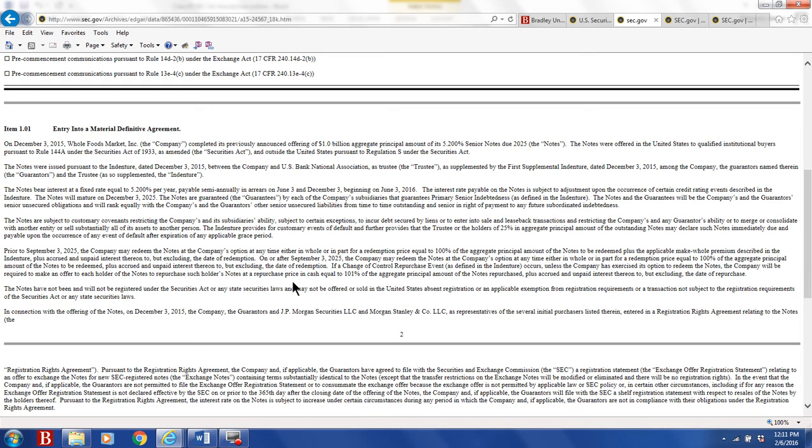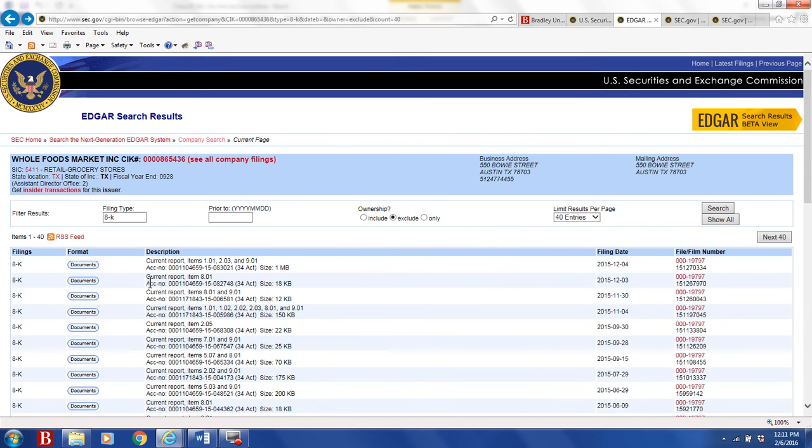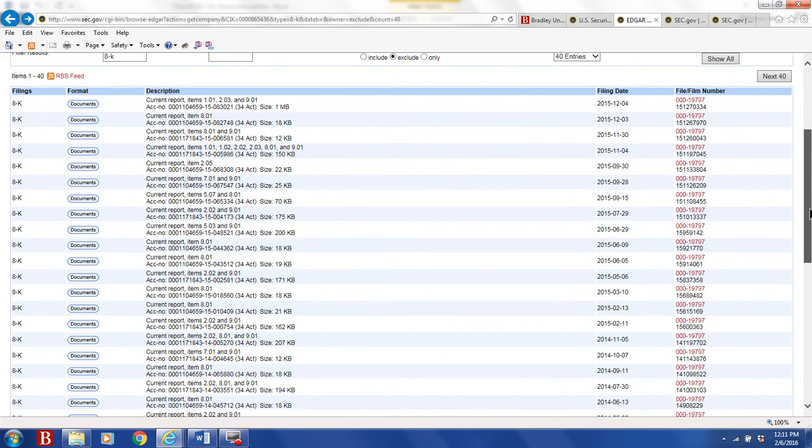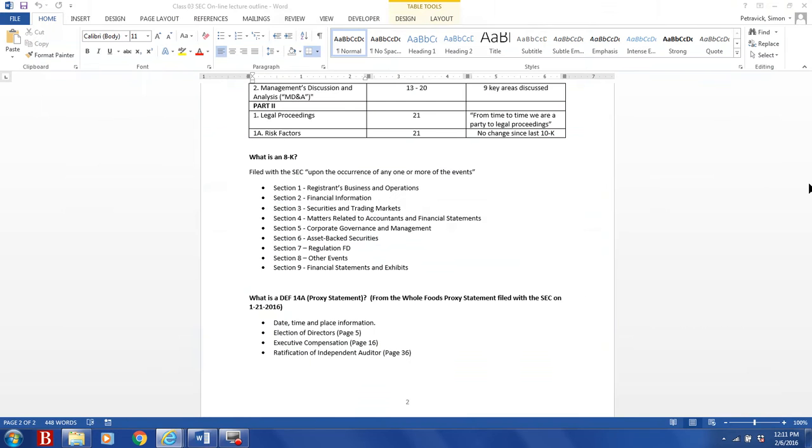So certainly a company borrowing $1 billion is important. Therefore, rather than waiting for that to get disclosed on a quarterly or annual report, the SEC says that has to be delivered immediately. And as I scroll back, you can see here that there's a number of 8K documents, and this is very typical of a lot of organizations.